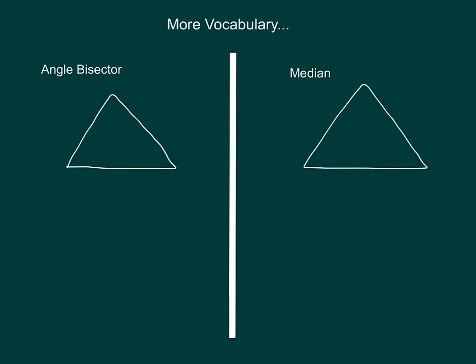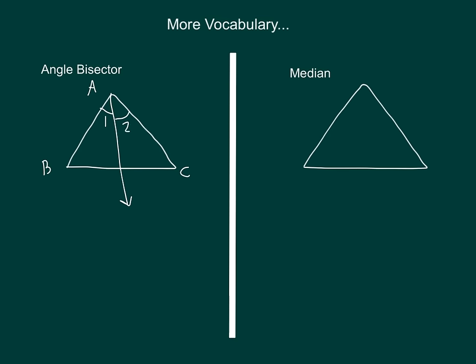Okay, so here's some more vocabulary for us to talk about. The first thing is an angle bisector. Okay, so if I label my triangle here, A, B, C, okay? An angle bisector, let's say it comes down from here, it does exactly what we think it does. It's going to make these two here congruent.